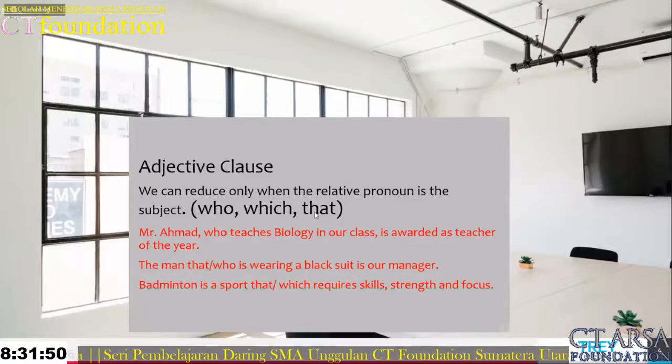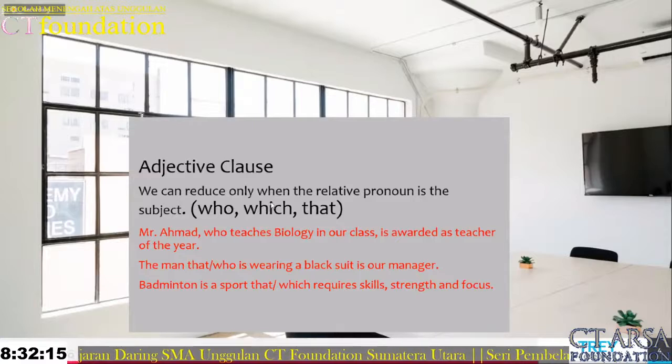Who, which, and that. If you notice, the function of these relative pronouns is a subject. Who for person or for thing? Who for person, as a subject or not? Yes, that's right.